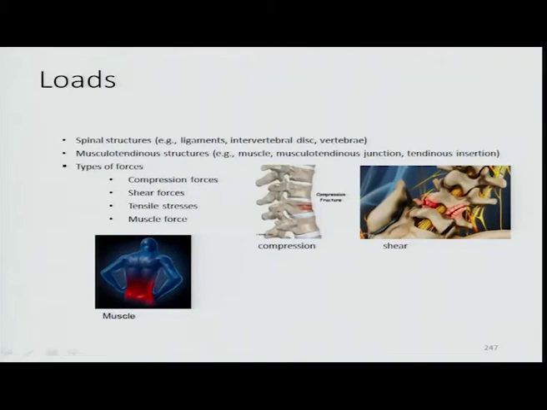So if I look at loads and at the musculoskeletal structure and how it gets oriented, you can see the spinal structure of any subject, a human being, having ligaments, intervertebral discs and vertebrae.